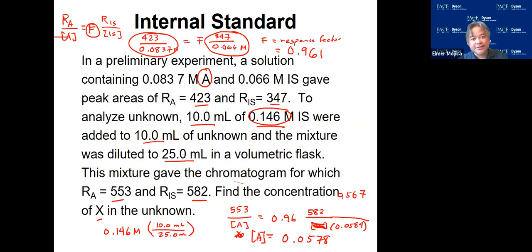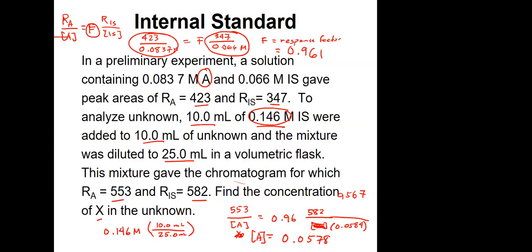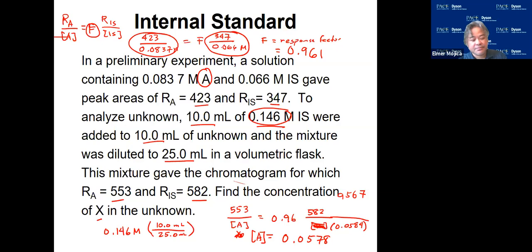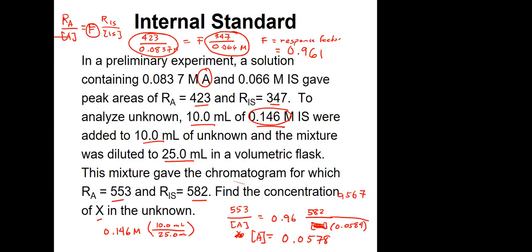Hey, where are the others? Just trying to see where I went wrong. Yeah, I got something slightly different, but I think I have a rounding error. I think that's what it is.